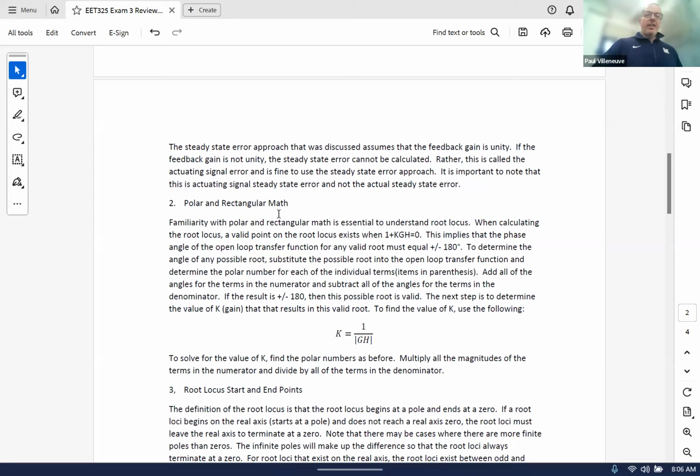We can always do this. We can do anything we want when we write it in rectangular coordinates. We can add, subtract, multiply, divide.